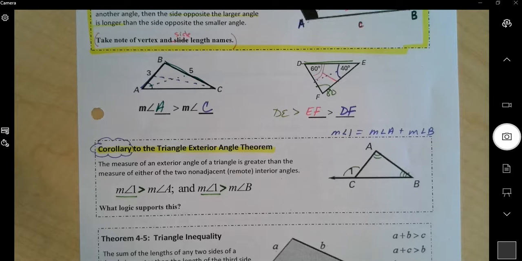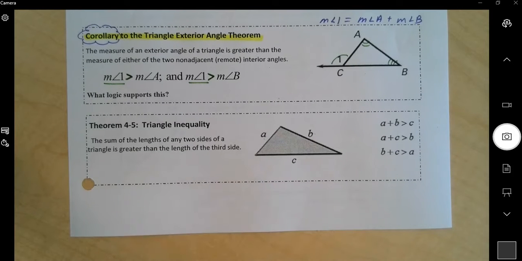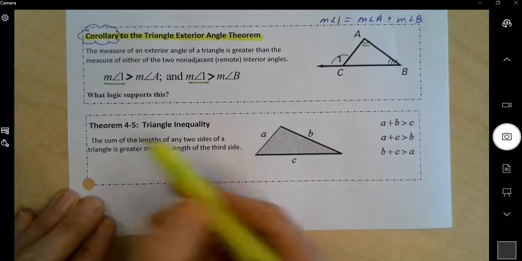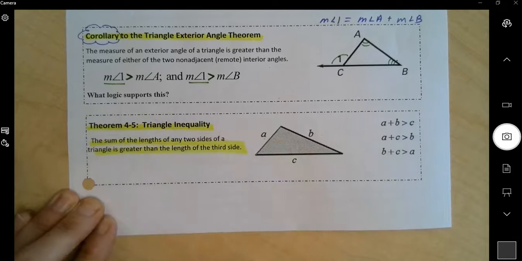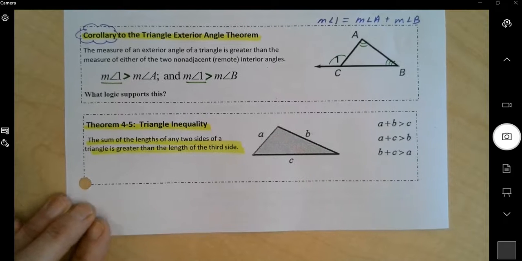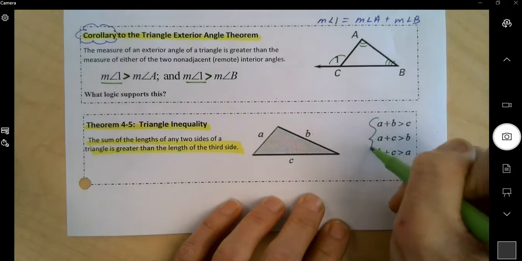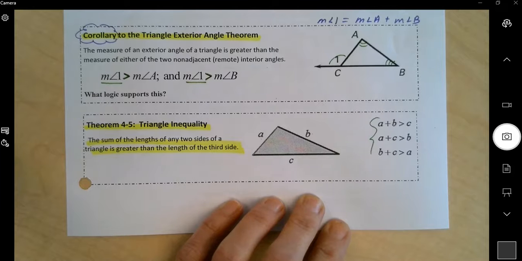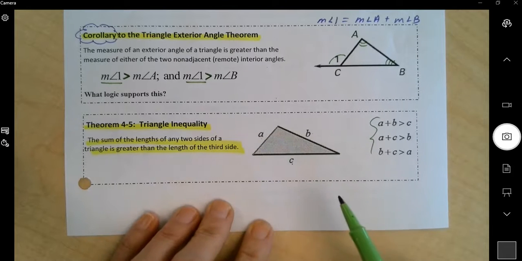All right, here we go on to the triangle inequality. So this one's kind of cool. This one says the sum of the lengths of any two sides of a triangle has to be greater than the third side. So think about that for a moment. Being able to draw these three inequalities over here. Because this is true for all three sides of the triangle.